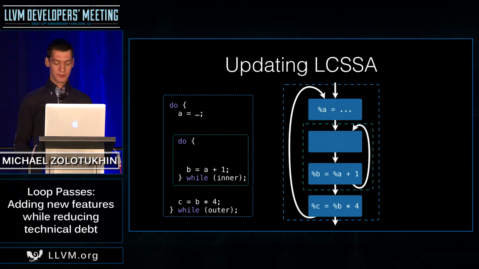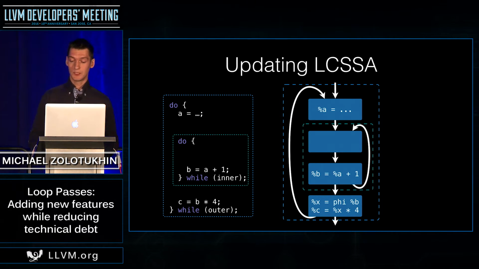The answer is no, because we have the value b defined inside the inner loop and used in the outer loop, and it's not a phi node, which is a requirement of LCSSA. So to convert these loops to LCSSA form, we actually need to insert a phi node there. And now it's a valid LCSSA form. So what happens if we unroll a loop?